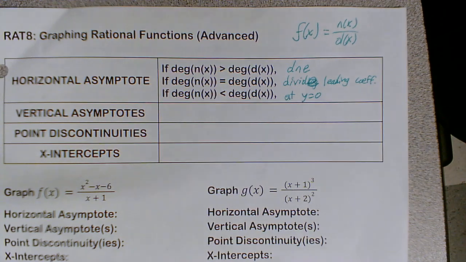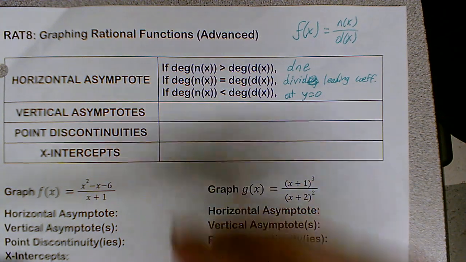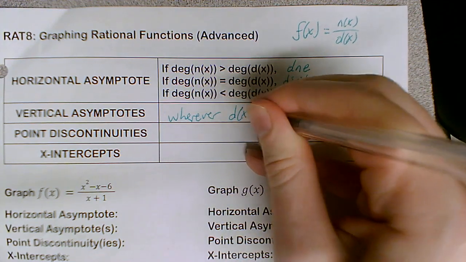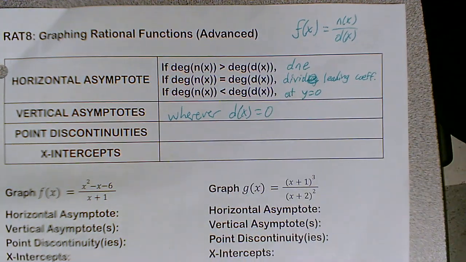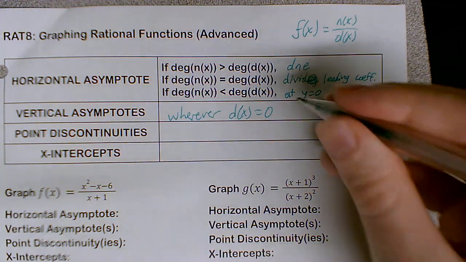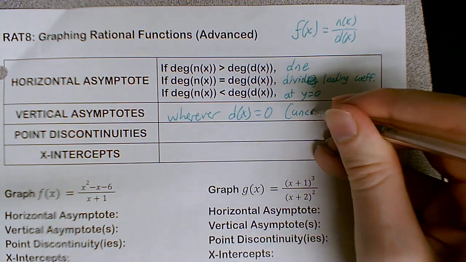And just as a recap, vertical asymptotes are wherever the denominator function is equal to 0. So wherever this function on the bottom is equal to 0, that causes an undefined, and that's what causes the vertical asymptote, unless it cancels out.